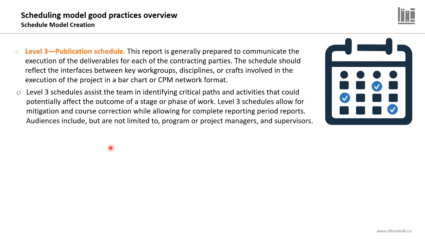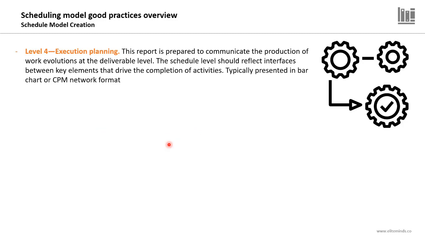Level 3 schedules assist the team in identifying critical paths and activities that could potentially affect the outcome of a stage or phase of work. Level 3 schedules allow for mitigation and course correction while allowing for complete reporting period reports. Audiences for the level 3 publication schedule are the program or project managers and the project supervisors.